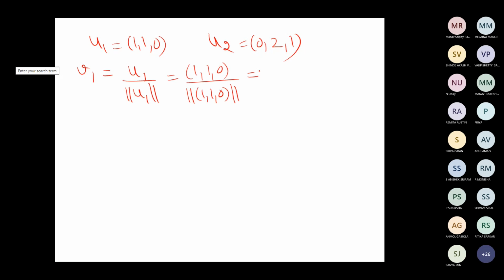Tell me, what is the norm of (1, 1, 0)? Root 2. Simply root 2. I think norm everybody can understand, right? Norm is the usual inner product. So root of 1 squared plus 1 squared, root 2.